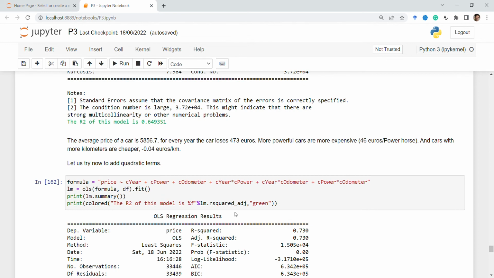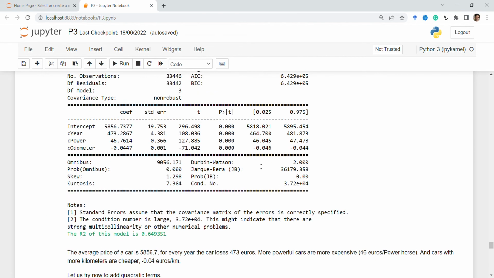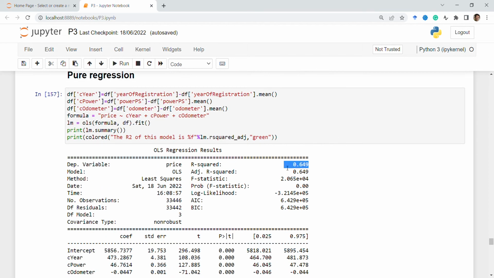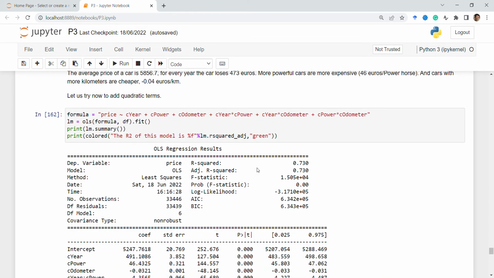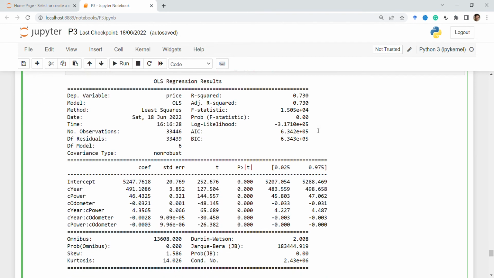Okay, so let us see now. Yeah, the R squared was here, so 65% of the variability, and now we may explore interactions between year and power, year and number of kilometers, and power and number of kilometers, and we see that all of them are significant.